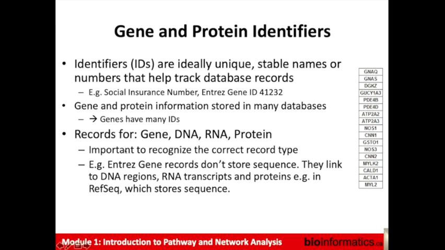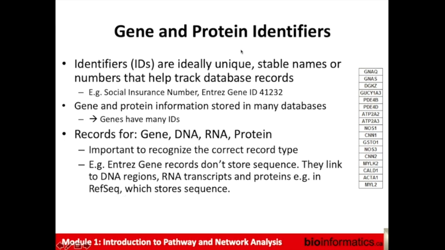So it's important to recognize the correct record type or entry type. For instance, the Entrez Gene database doesn't store information about sequence. They link to sequence in other databases where you might have DNA regions, RNA transcripts, or protein sequences. For instance, in the RefSeq database, which does store sequence.